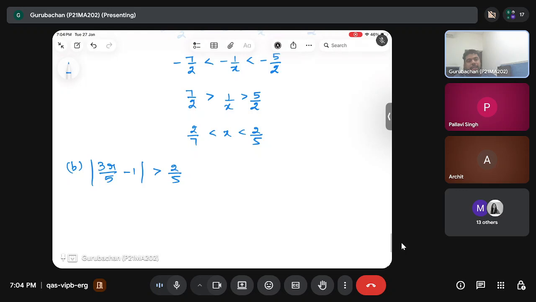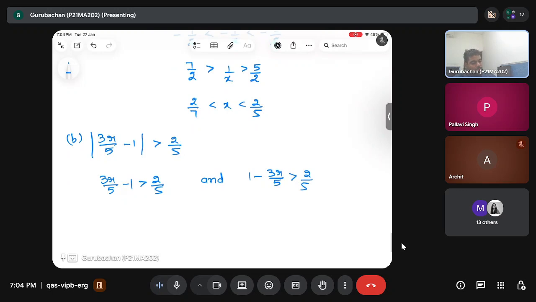So mod x is greater than a. That means 3r by 5 minus 1 is greater than 2 by 5, as well as 1 minus 3r by 5 must be greater than 2 by 5.